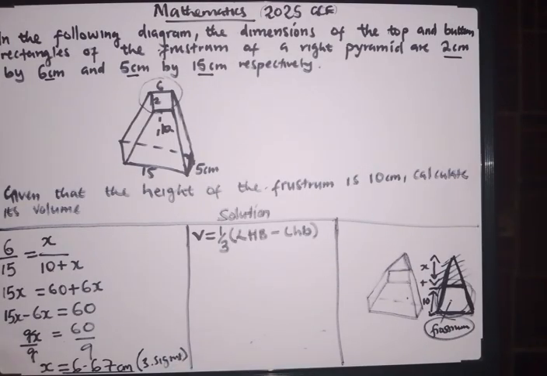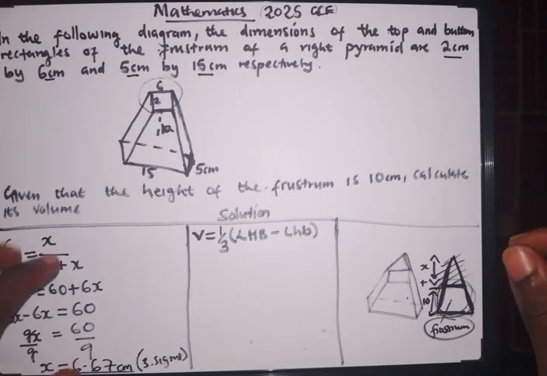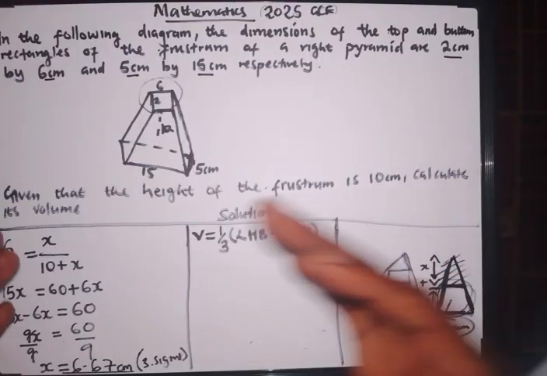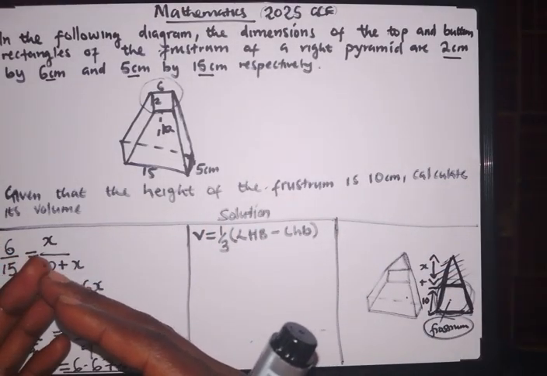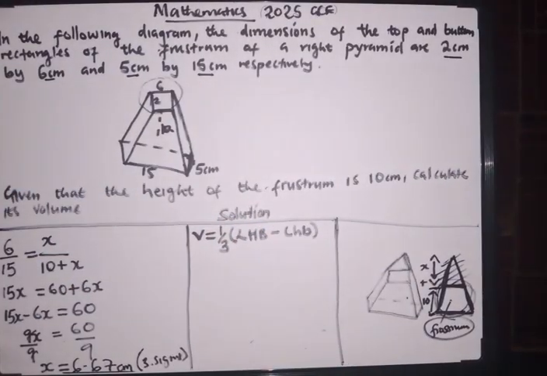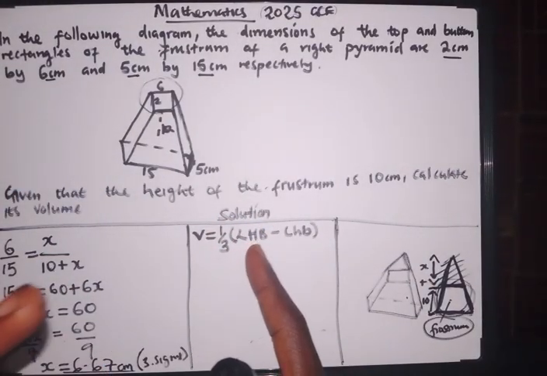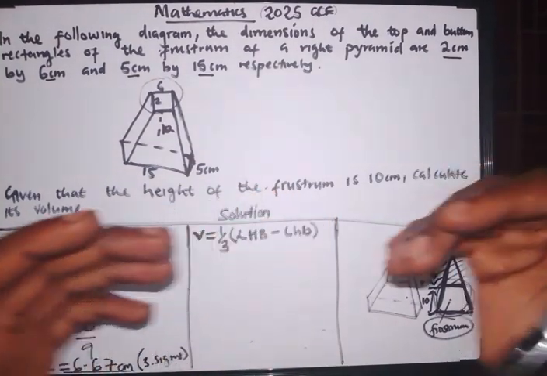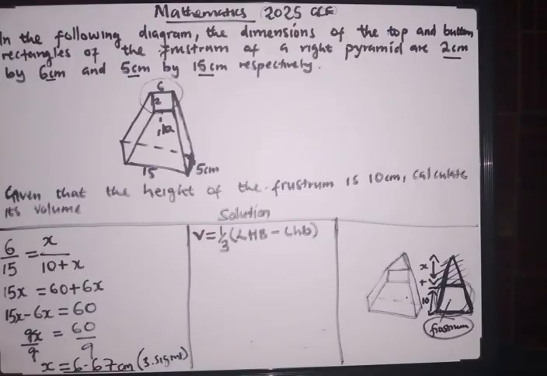Always leave them in 3 significant figures. So now that we have the smaller height, we can calculate the volume of the pyramid, because what we need is the length, the height, the breadth for the bigger rectangle, and also the length, height and breadth for the smaller rectangle.